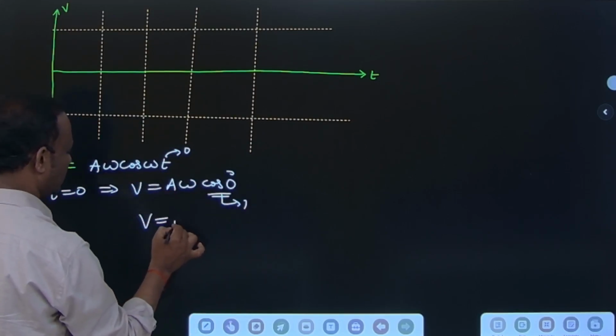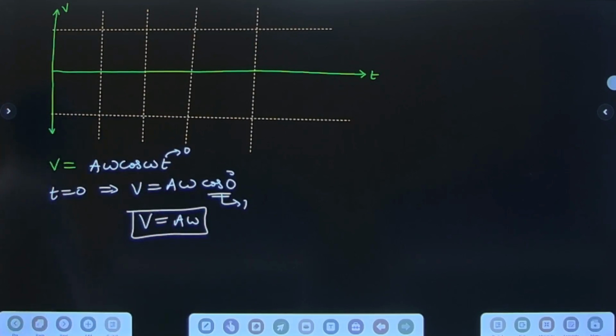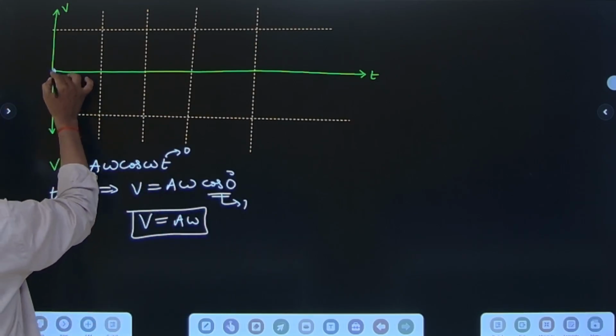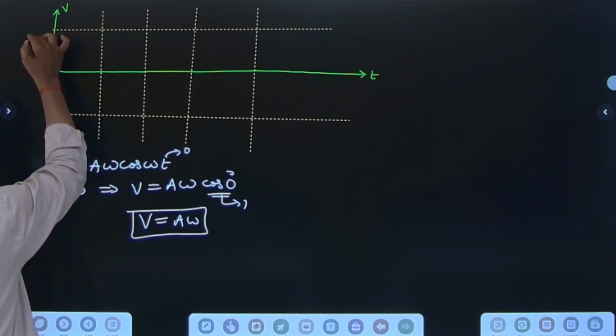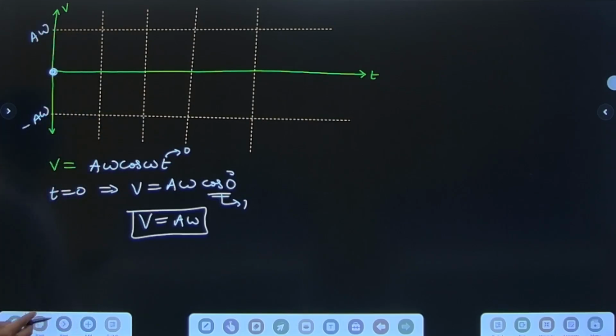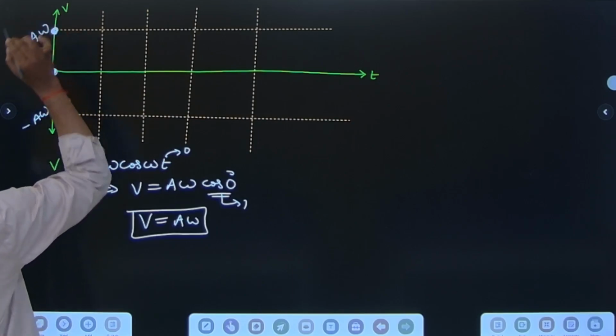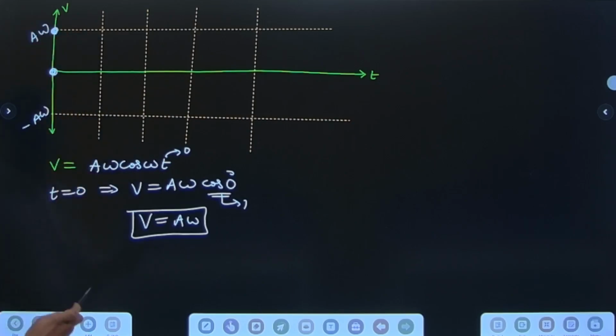So what is the answer? It's A omega. This is A omega, and this is minus A omega. The particle started from this point.